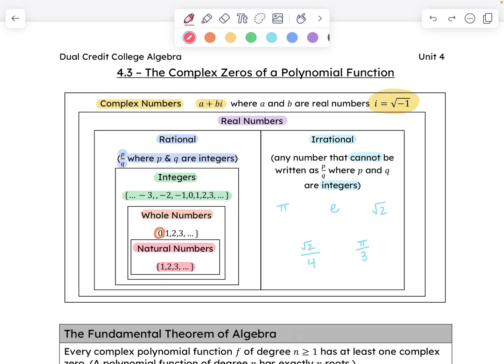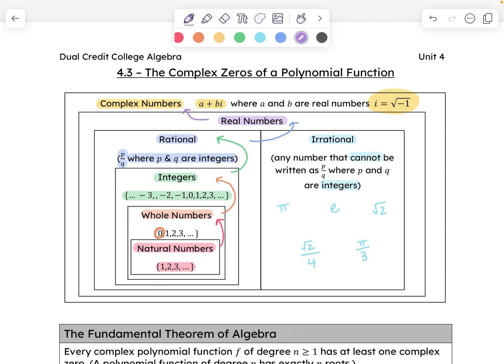A whole number can be an integer. An integer can be a rational number. A rational number can be a real number, and then real numbers can be complex numbers. So real numbers are technically part of the complex numbers.